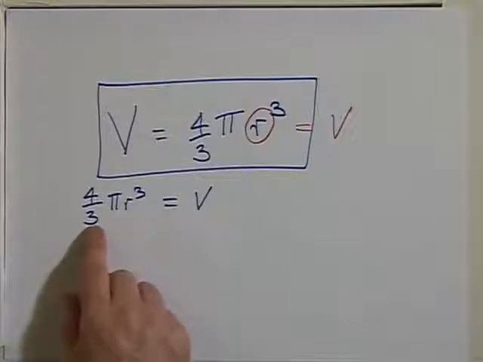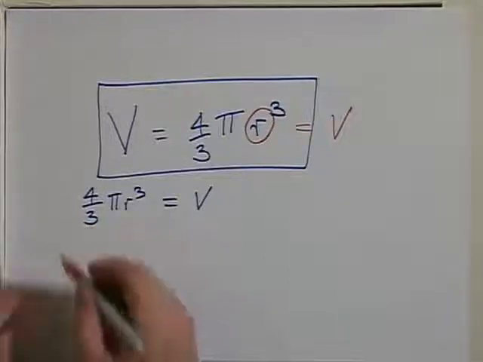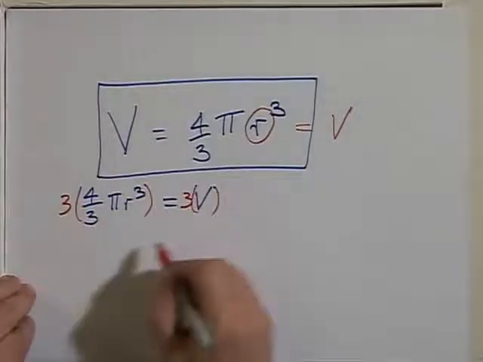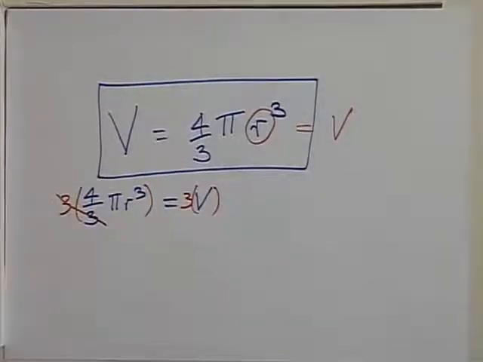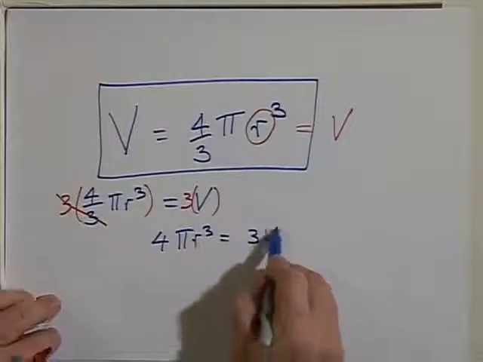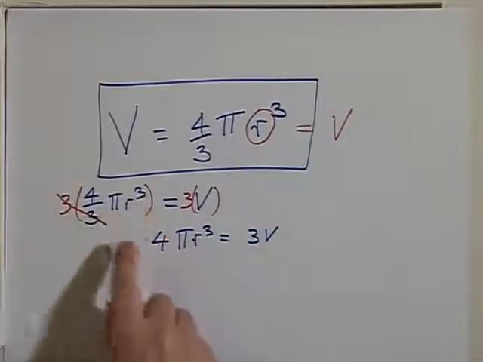Is that 3 dividing? Yes. So let's multiply by 3 then. Now it's 4 pi r cubed is 3V.